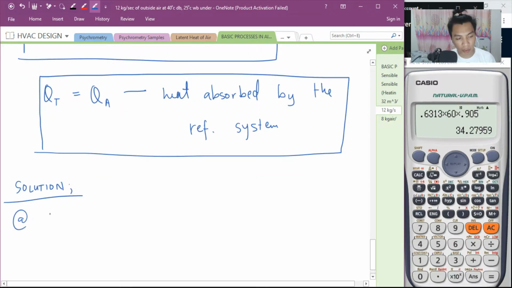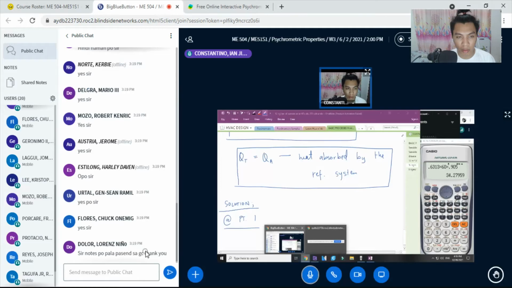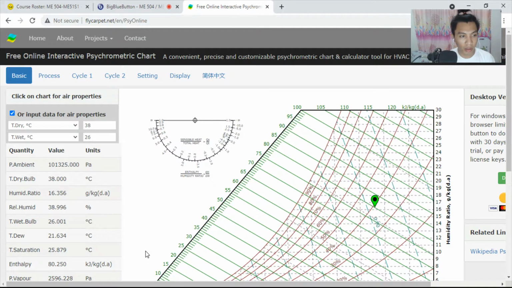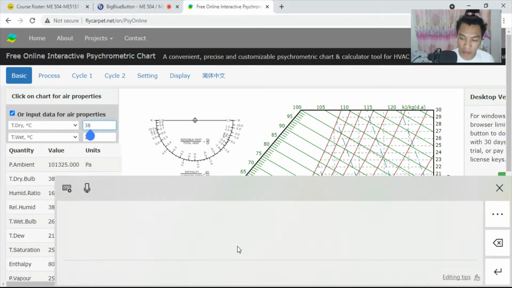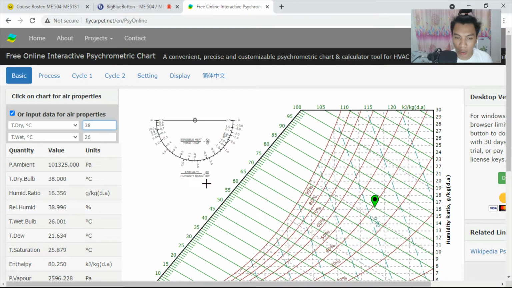At 0.1. Okay, punta tayo dun sa app natin. So, dito, okay? Ang lalagay natin, dry bulb and wet bulb. 40 ang dry bulb. Ang wet bulb is 25.